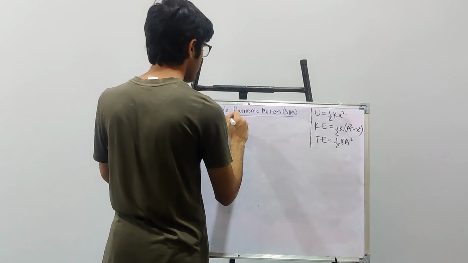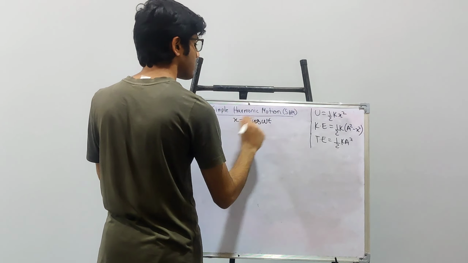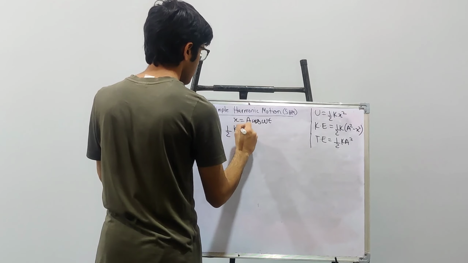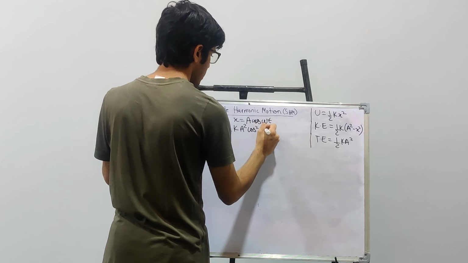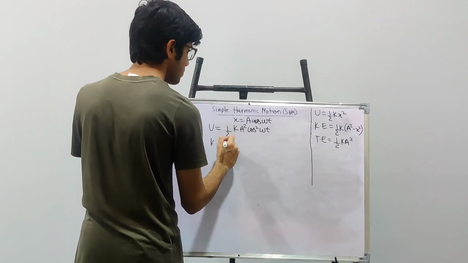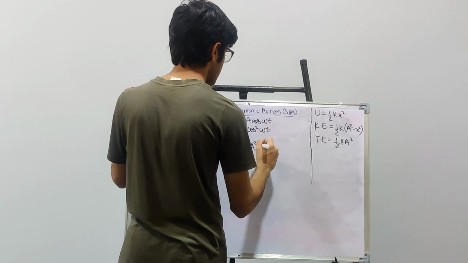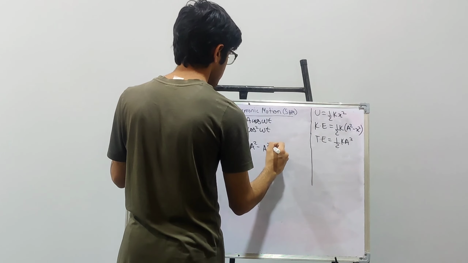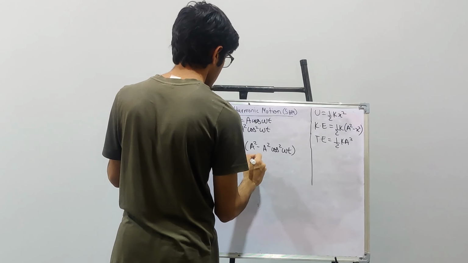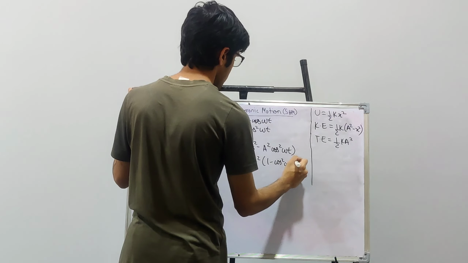We know that x is equal to a cos omega t. So just substitute x here. We get U is equal to half k a square cos square omega t. The kinetic energy is equal to half k brackets a square minus x square, which is half k a square 1 minus cos square omega t.